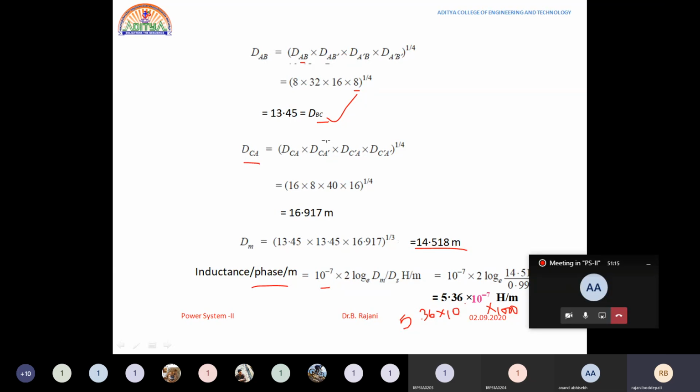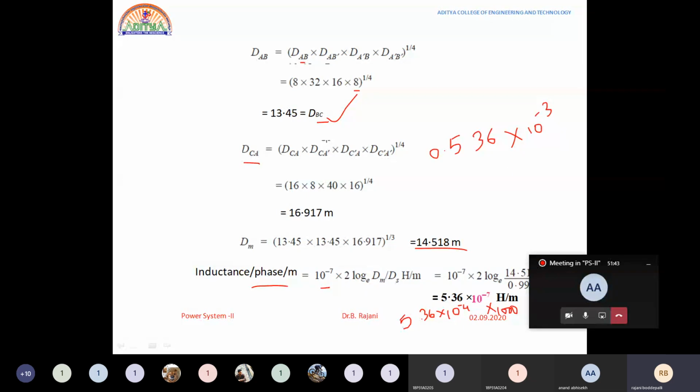See, it is 10 to the power of minus 4 if it is per kilometer length. If you want to change it to millihenries, this is multiplied with 1000 and it becomes 0.536 into 10 to the power of minus 3, which is nothing but millihenry per kilometer.